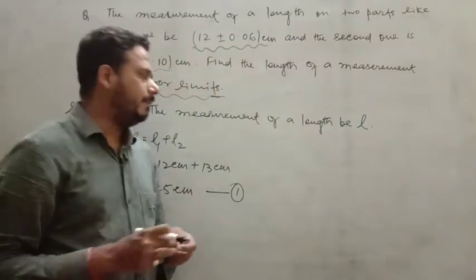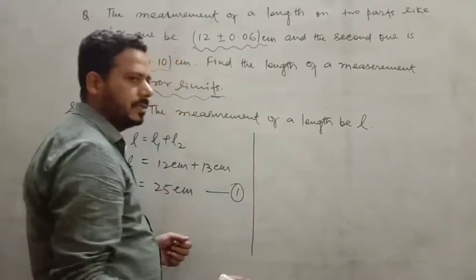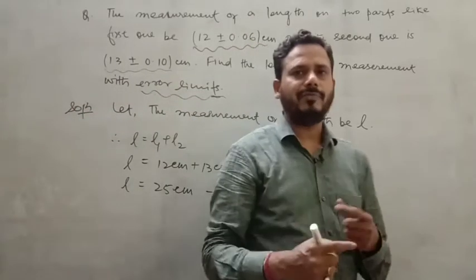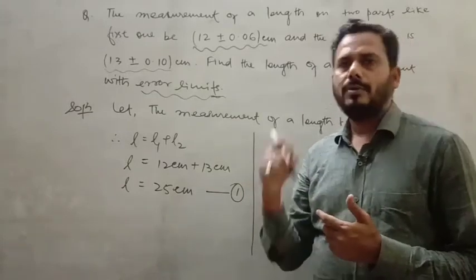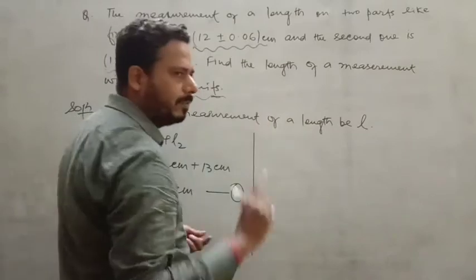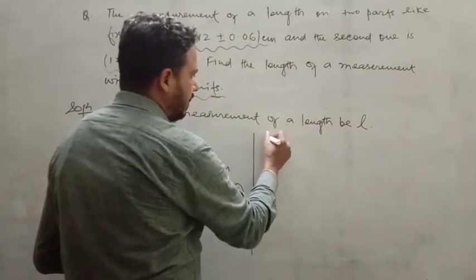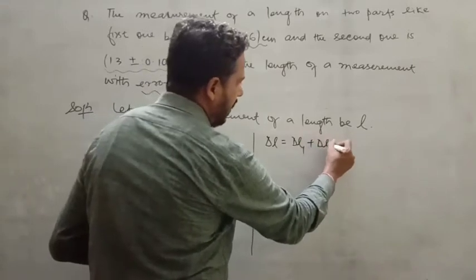For the sum of the errors, the maximum error would be the sum of the errors. You just remember from last class that delta L is equal to delta L1 plus delta L2.